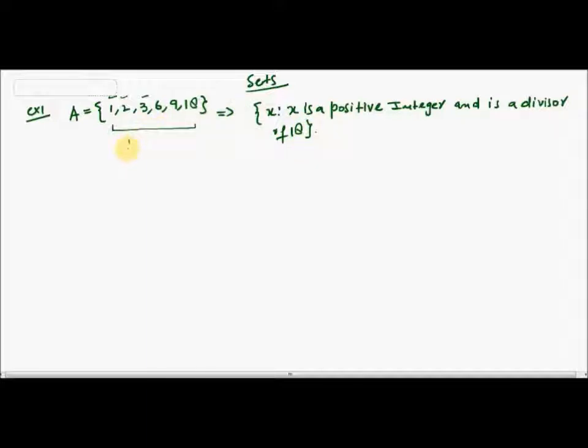So this was the roster form or the tabular form, and we converted the roster form into the set builder form, right?